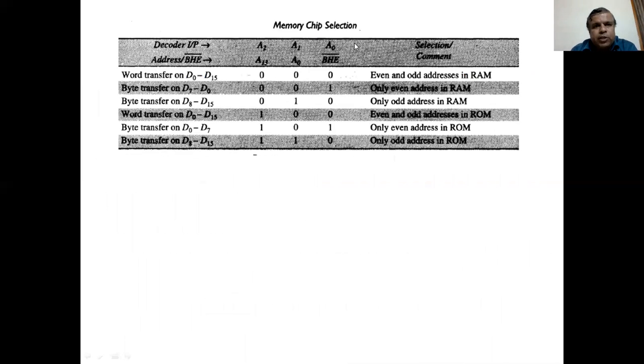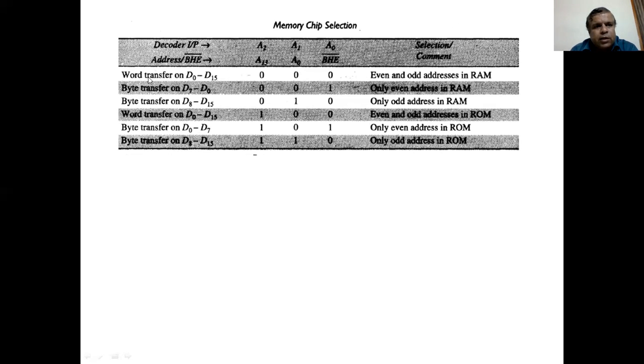So how does the memory chip selection happen? When the address inputs of the decoder A0, A1, A2, which are literally the BHE bar signal, A0, and A13, are all 0, the even and odd address RAMs, that is, the even bank and the odd bank, are selected.